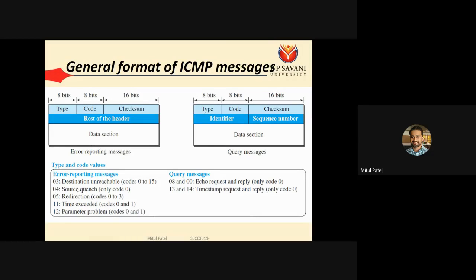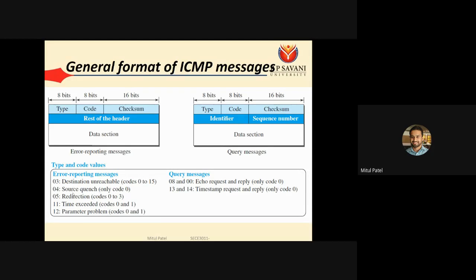If your message is destination unreachable, your type is 03 and the code value can vary from 0 to 15. There are many reasons why a destination unreachable error can be generated, so we can have different codes assigned for them.